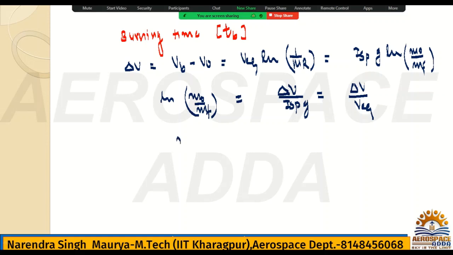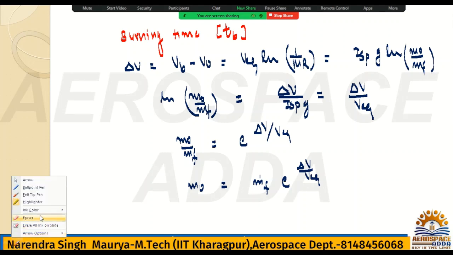So if you calculate m naught by mf, it is nothing but exponent of delta V by V equivalent. This m naught is also very important. Sometimes this final value and this value they will give to you, and you need to calculate this m naught. One time I think they asked this question. So please remember this formula also. That's the reason I am giving this.